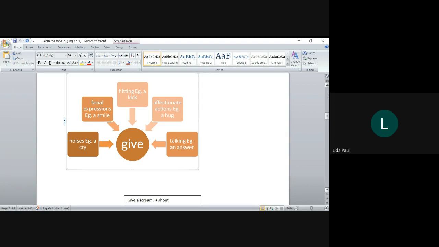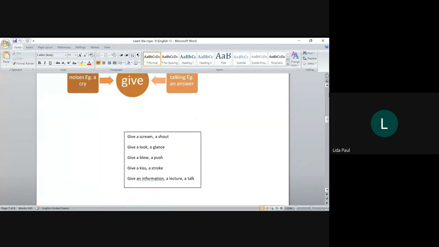The verb, whether that's have or take or give, is not contributing much to the meaning making process. It's mainly the noun that is taking care of the meaning that is generated. You have some examples here.